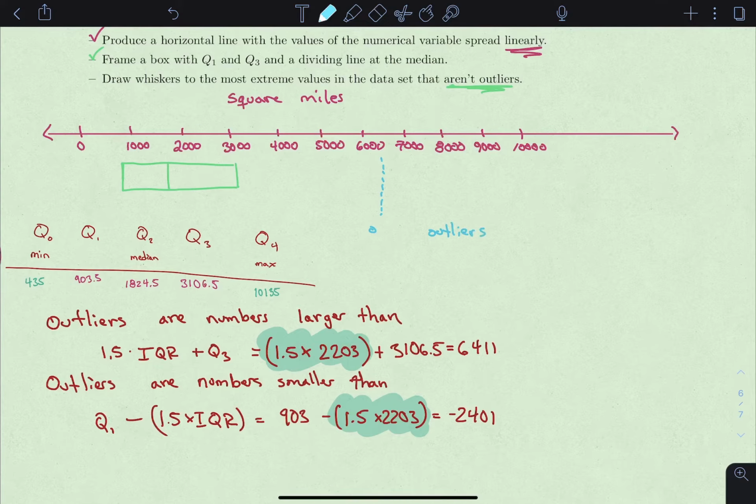So everything that's between the two dotted blue lines is not an outlier.